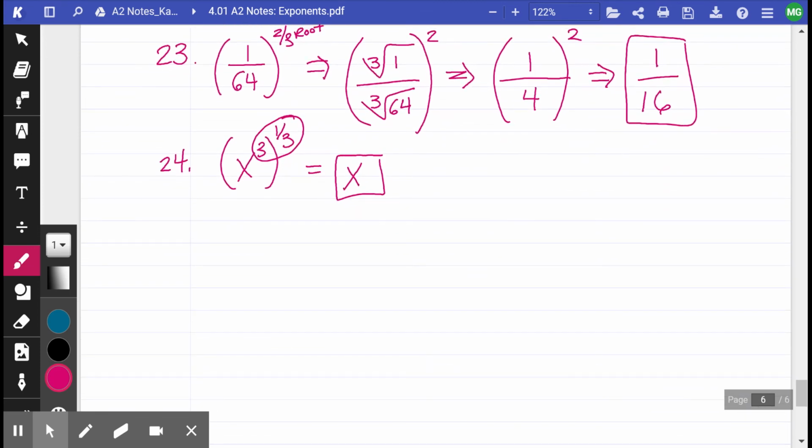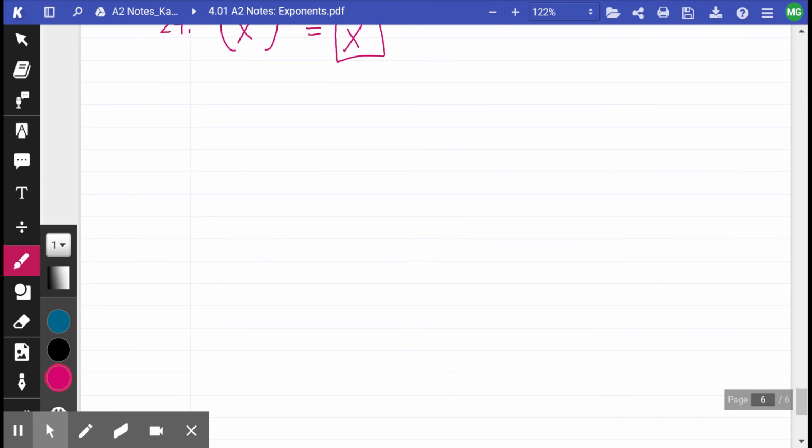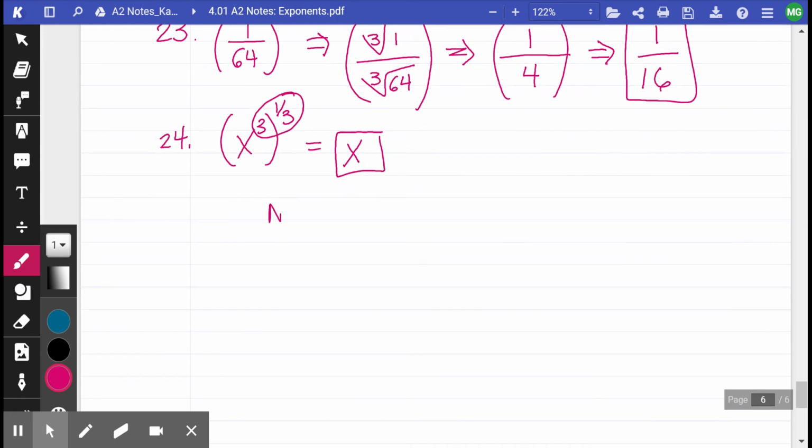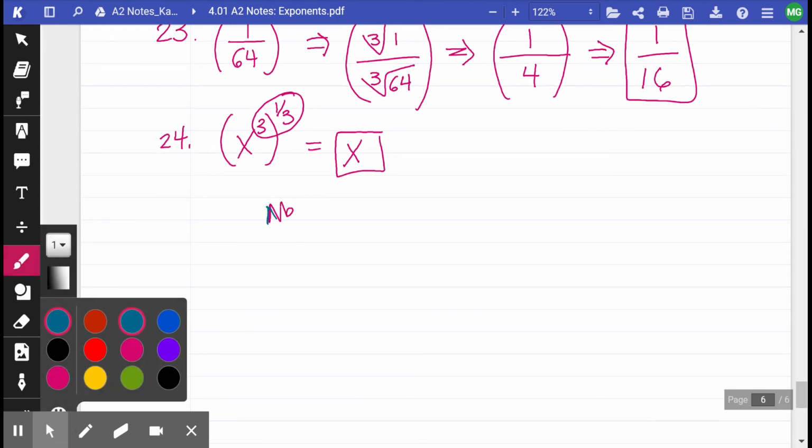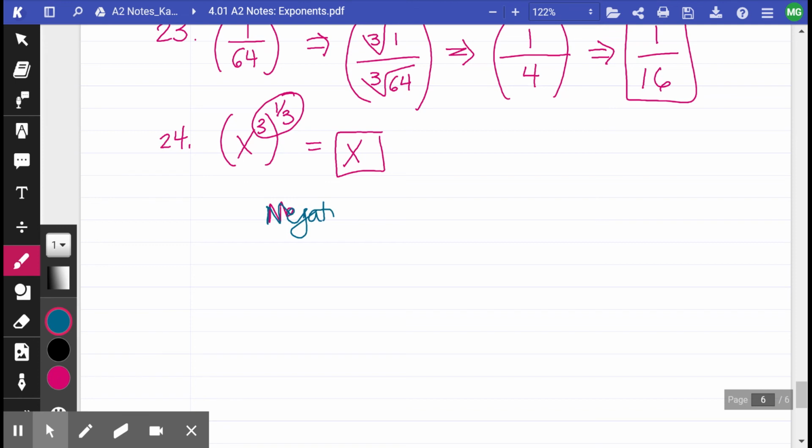All right, and the last thing we're going to talk about are negative rational exponents. When we talked about negative exponents, we said we need to take the reciprocal.